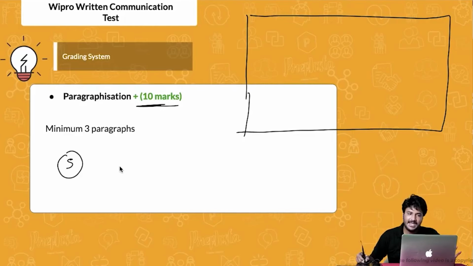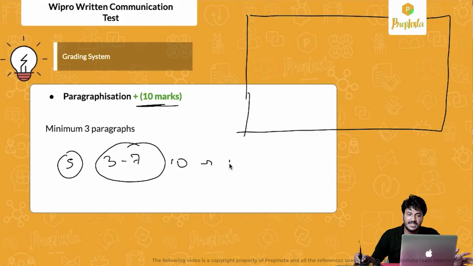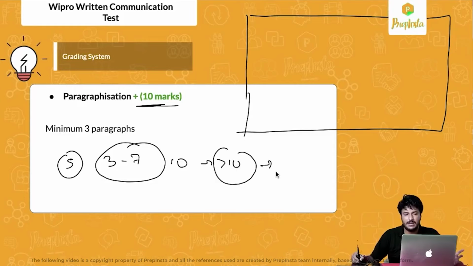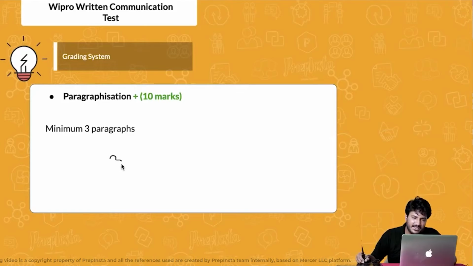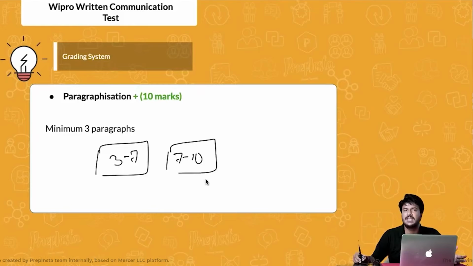If you write the whole thing in 3 to 7 paragraphs, you will get 10 marks. But if the number of paragraphs is greater than 10, in that case they will start deducting marks for it. So anywhere between 3 to 7 is what we suggest. But 7 to 10 is a good number too, in case you have to give points. So make sure that you follow that.